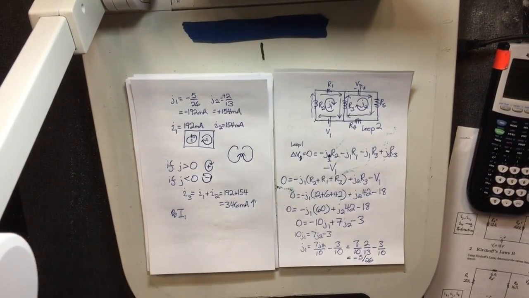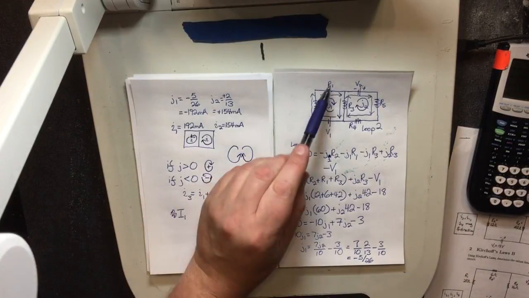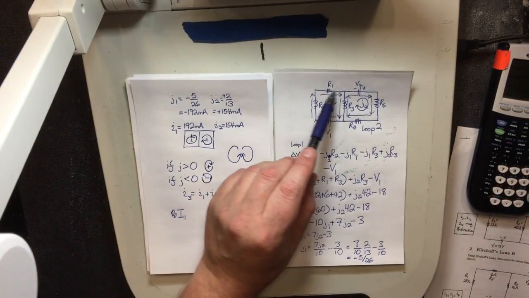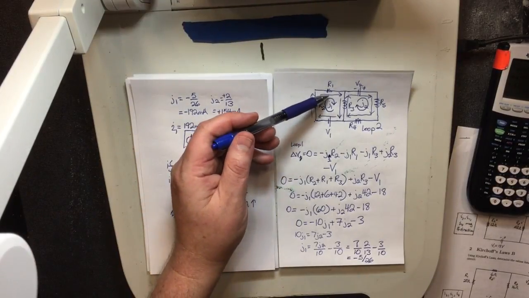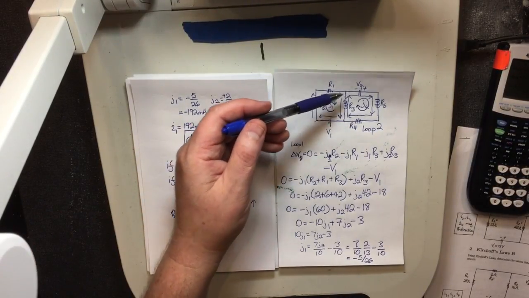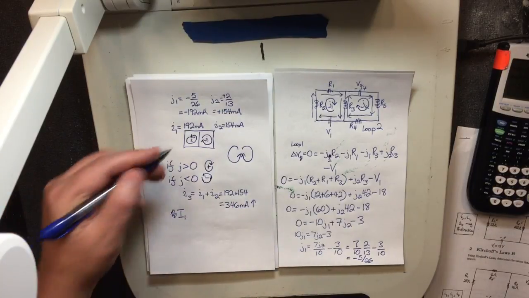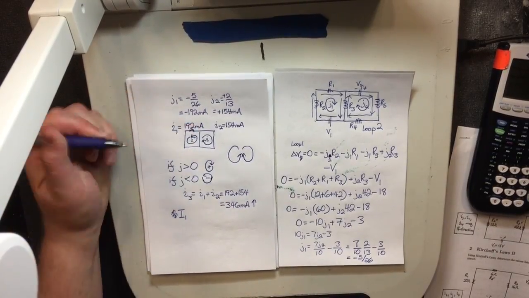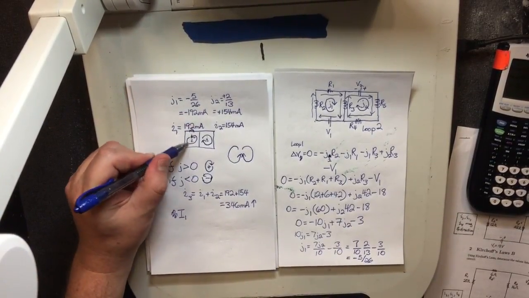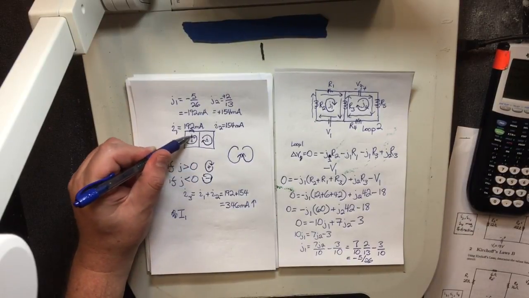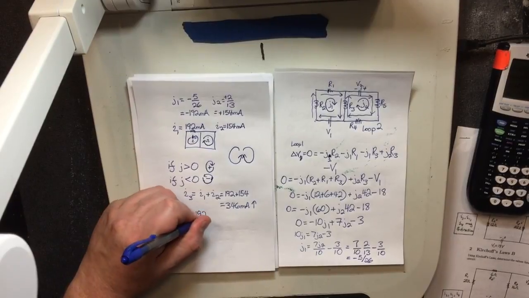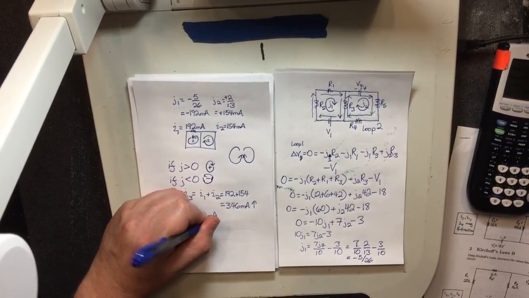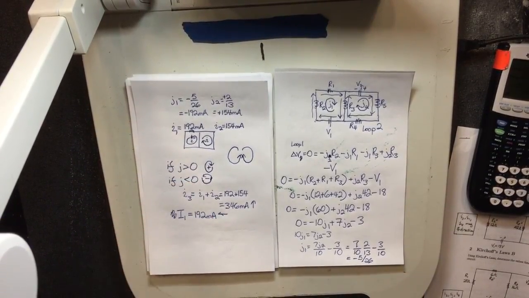This big I1, which was listed in the box as little I1, is just the current running through the battery. And I want to know, is the current running from left to right or from right to left, and with what magnitude? Well, R1 is there. It's running in a counterclockwise situation. So the current big I1 is 192 milliamps right to left.